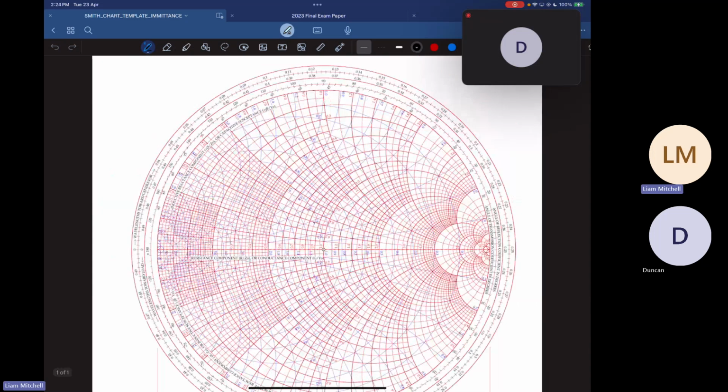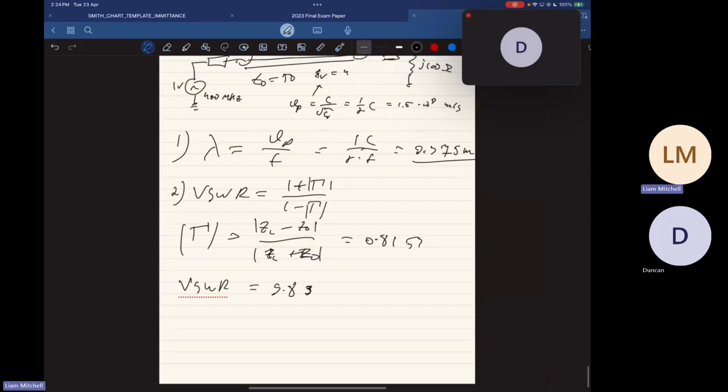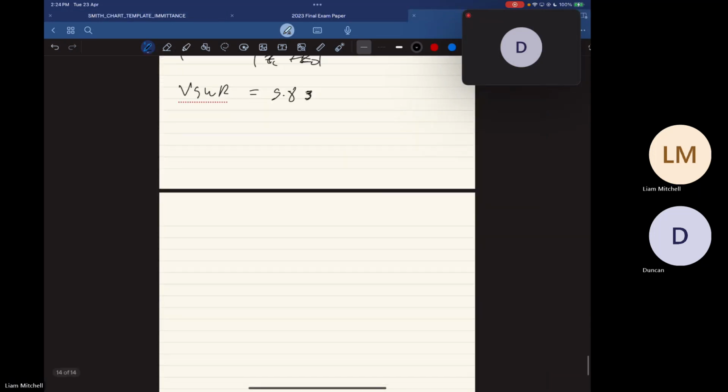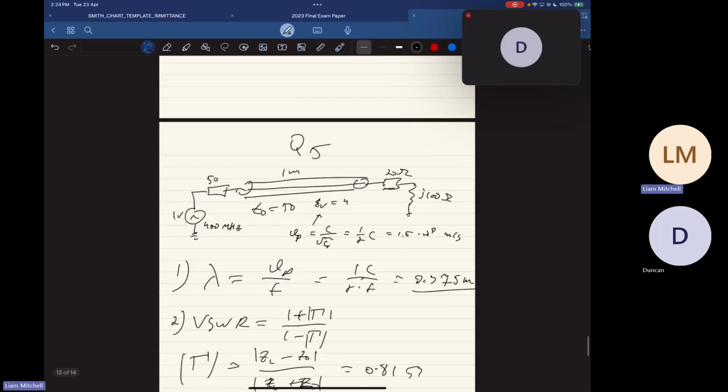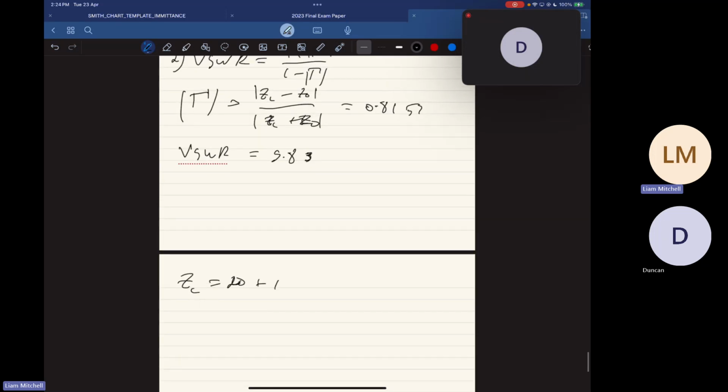So our load impedance, our ZL is 20 plus J100, which is equal to a small z, ZL over Z naught. It's 0.4 plus 2J.